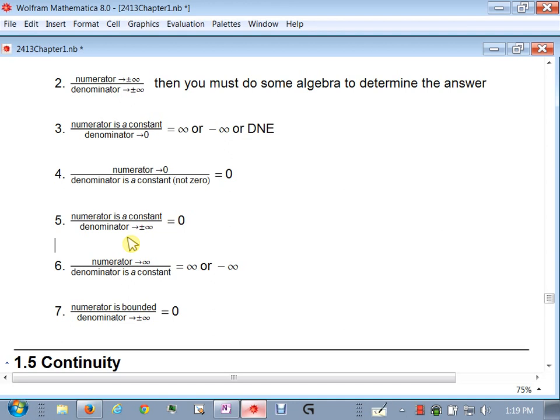Either positive or negative, but it gets big. And then this is the one we just talked about. If your numerator is bounded and your denominator goes to infinity, the answer is 0. Those are things we should just kind of have hardwired as we move on. These two are very similar, except that we're replacing constant with the idea of bounded.